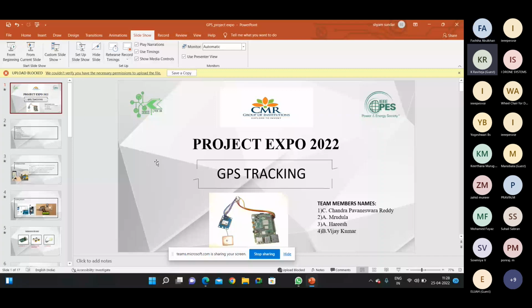In this we have created a mobile application too, and we have used different software and applications, and a student can use his own mobile for the location tracking.